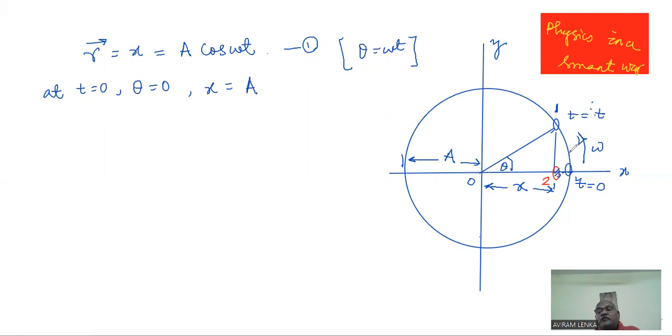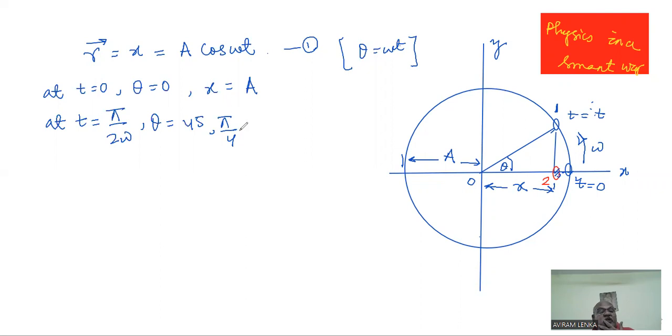After some time, after the body has rotated up to the halfway length, when theta equal to 45 degrees, that means pi by 4, and we go in a reverse way, because theta equal to omega t, so t equal to theta by omega, so that is pi by 4 omega.